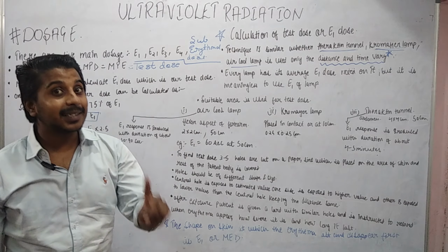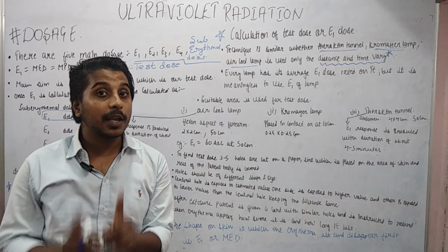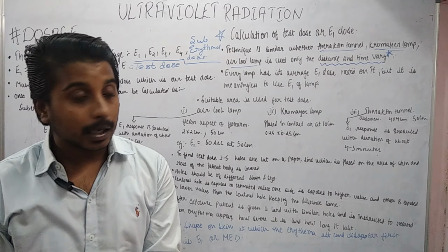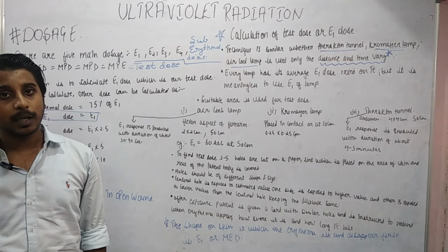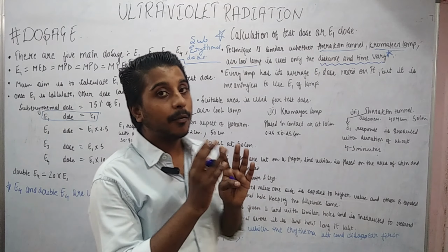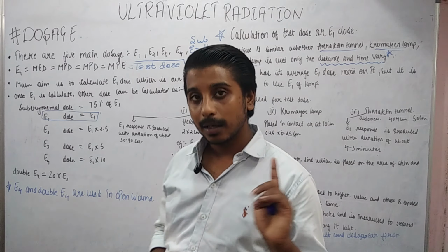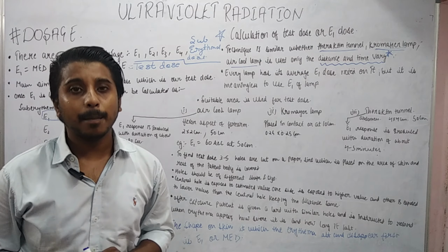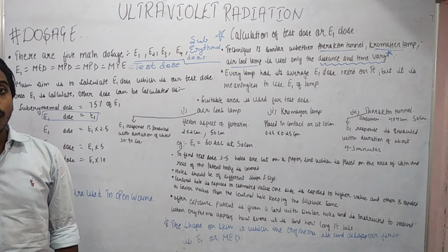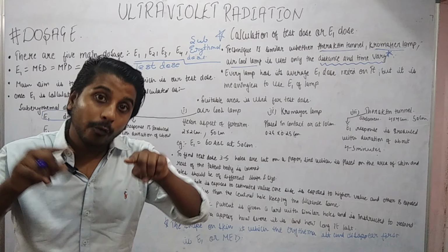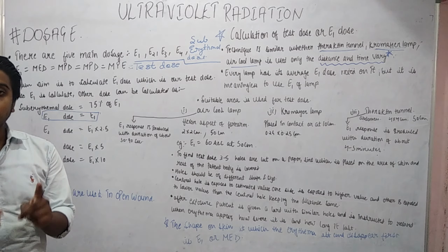Every lamp has its average E1 dose. The average E1 dose is given on the lamp, but it is meaningless to use that directly as the E1. Whatever lamp we have, the average E1 value is noted on it, but we cannot directly use that value; by using it as a reference, we can find the actual E1 value. Do you understand my point?